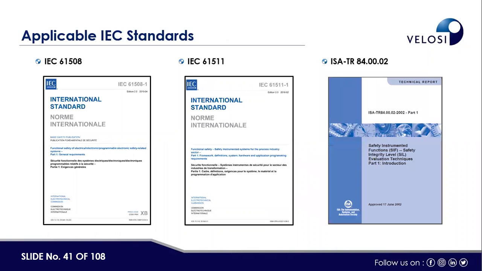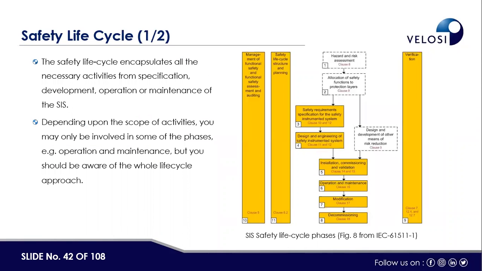So these standards like IEC 61508, IEC 61511, and ISA TR 84.00 do not specify a minimum SIL level. However, there are standards prescribed or adopted by the operators which describe that a minimum SIL level should be this one. So from a safety life cycle point of view, these three standards, if we go back a little bit.